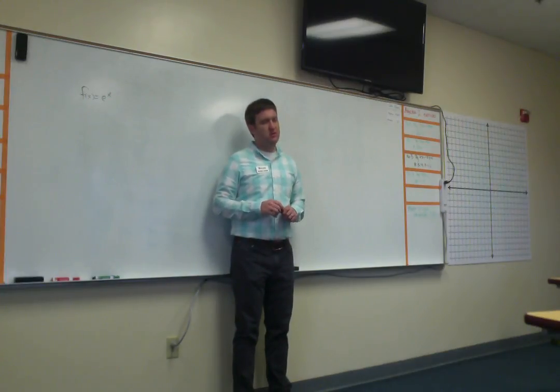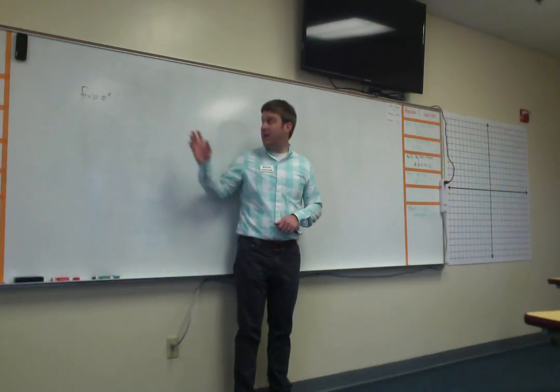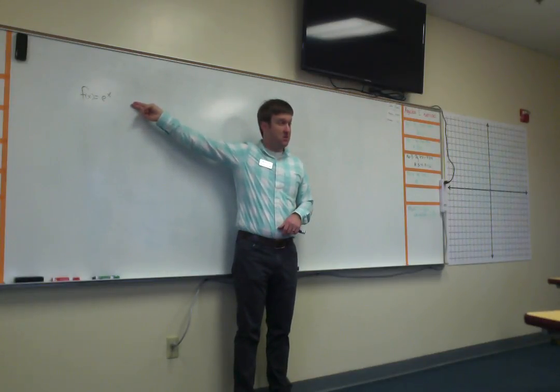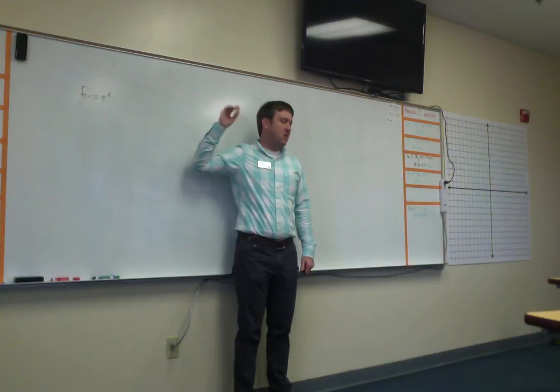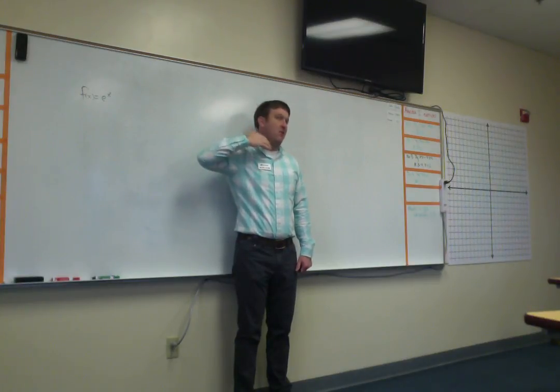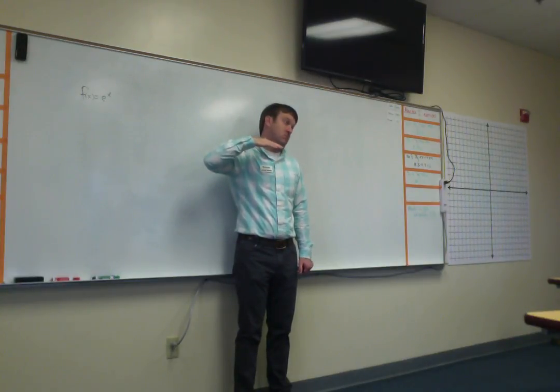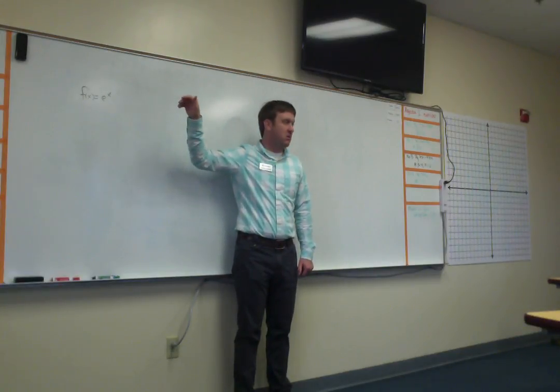How about the range? It's the same? Greater than or equal to 0? Oh, really? Because what kind of function is this? An exponential function. In an exponential function, y is never going to touch 0, because of the way exponents work, right?